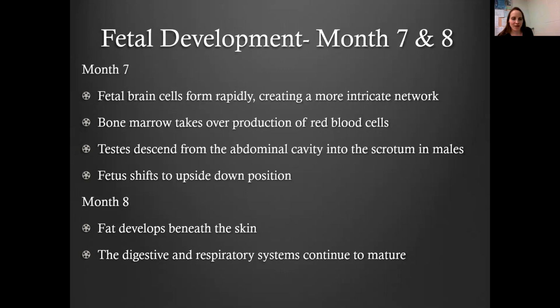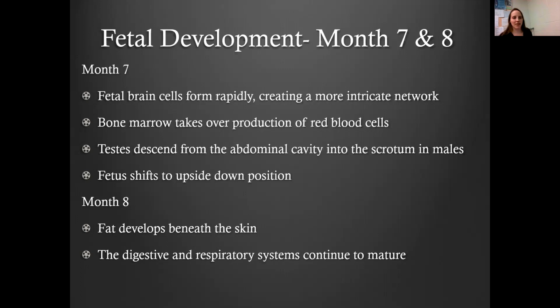Bone marrow is also going to form inside the bones and take over the production of red blood cells. So at this point, the yolk sac is no longer needed. It'll degenerate and the bone marrow will produce the red blood cells instead. In males, the testes will descend out of the abdominal cavity into the scrotum at this point, and the fetus tends to shift upside down.